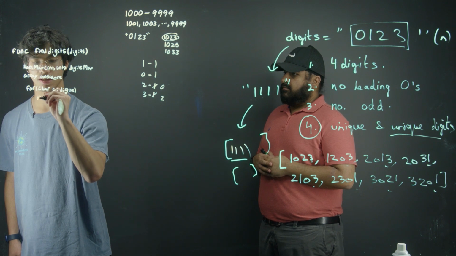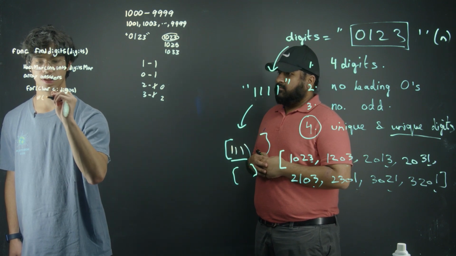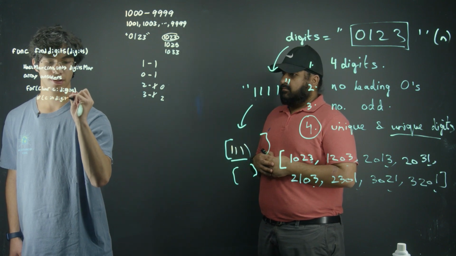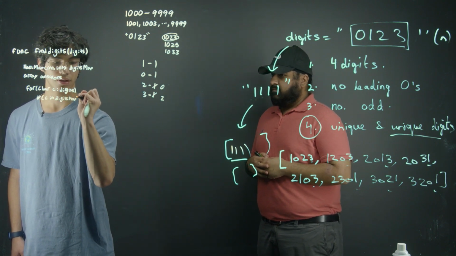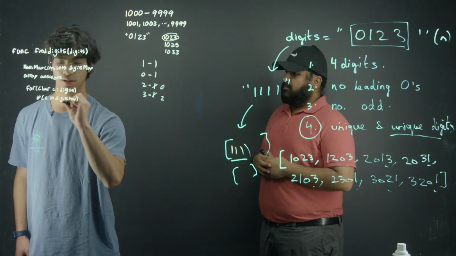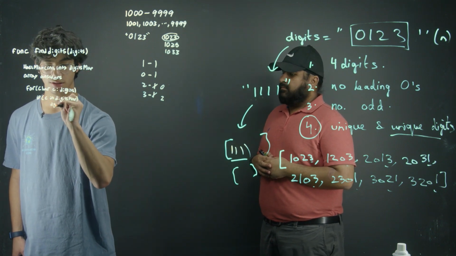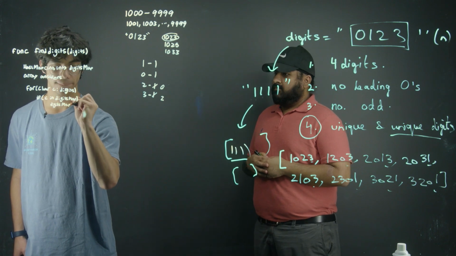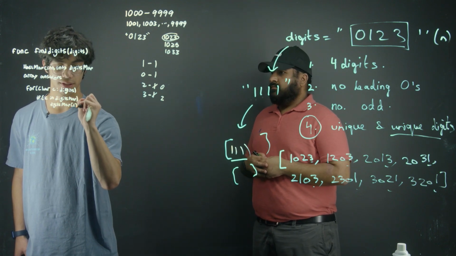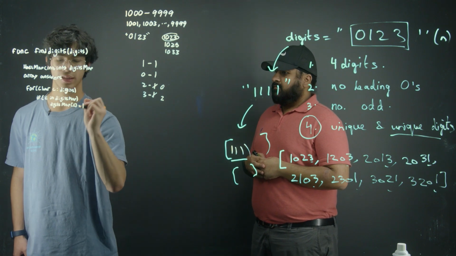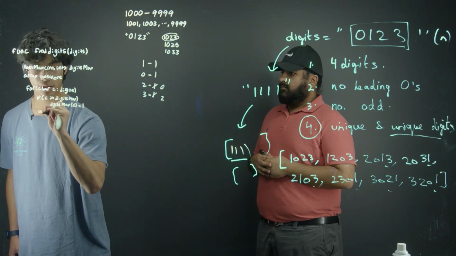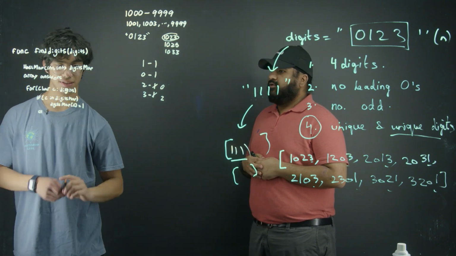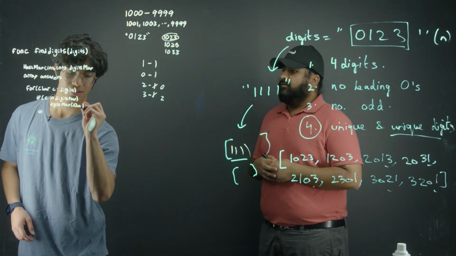So first we're going to say if C is in digits map, then digits map of C plus equals 1.